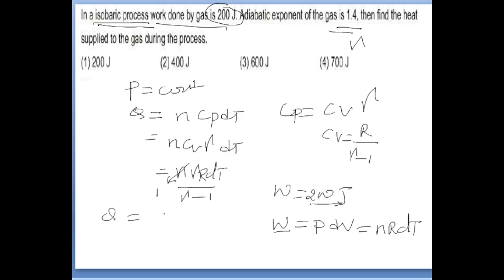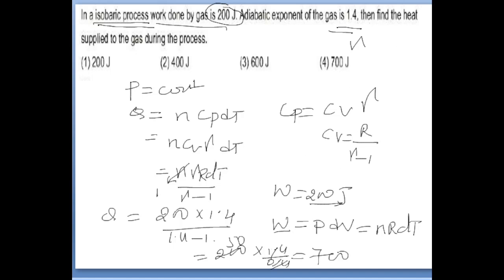Substituting, 200 joules into gamma by gamma minus 1, which is 1.4 by 0.4. The decimals cancel, so 14 into 50 is 700 joules. You will get 700 joules as your answer. Option 4 is correct. Check this: whoever did this question, 700 joules is the correct answer.